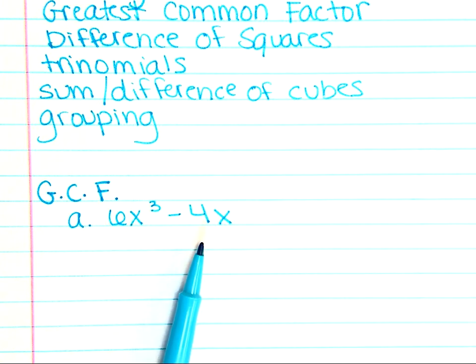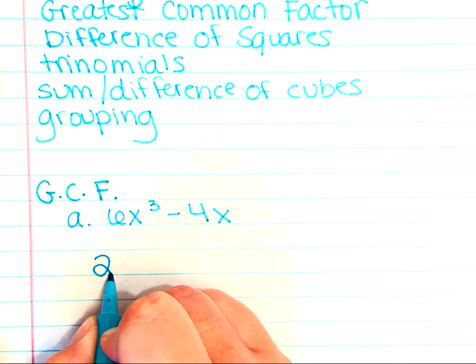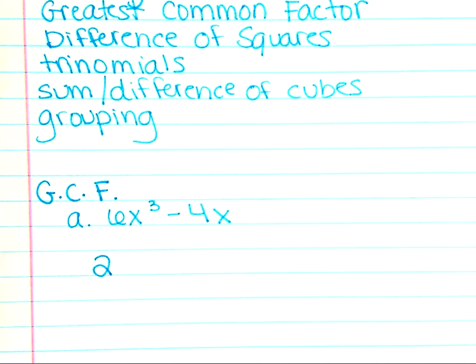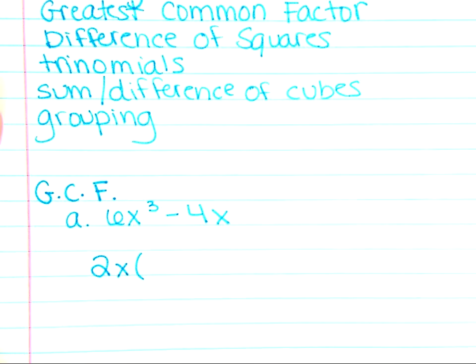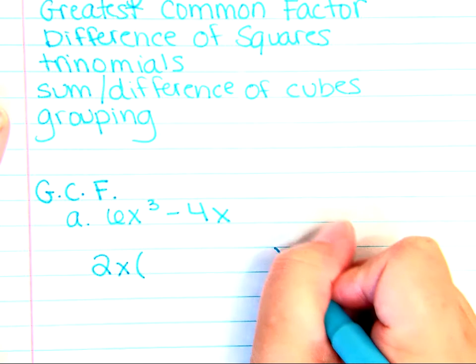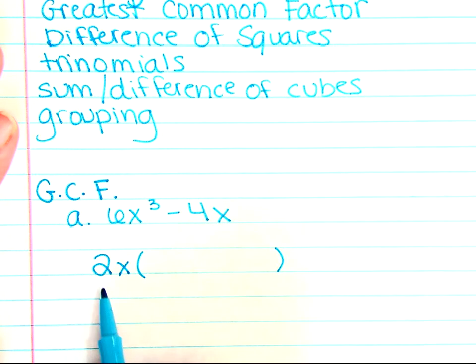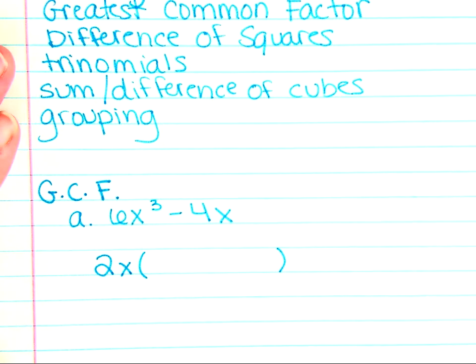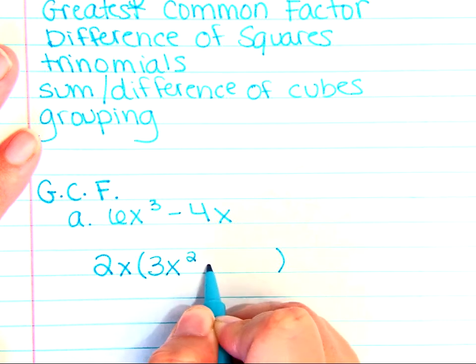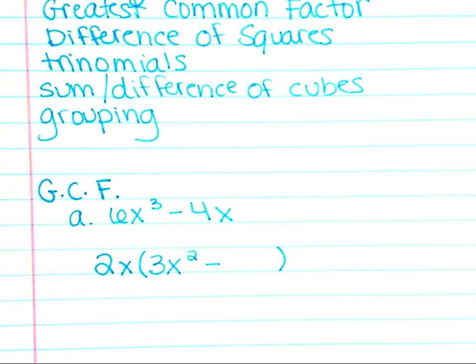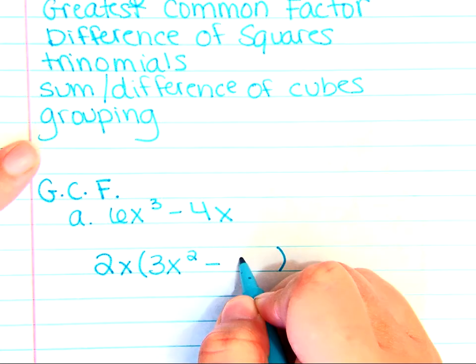Those are both divisible by 2, and that happens to be the greatest number that they're both divisible by. So 2, and then they both also share an x. Factor out an x. Then what goes in the parentheses is what is left over. So 2x times whatever I write here should get me back to 6x cubed. So that would be 3x squared minus. And what would get me from 2x to 4x? Well, I'd have to multiply by 2.